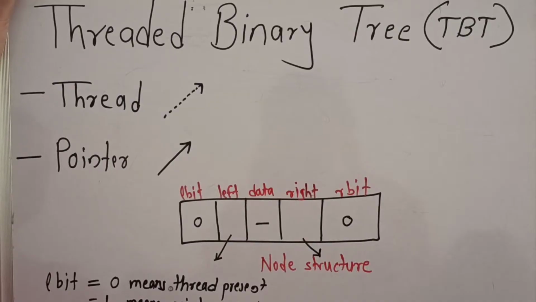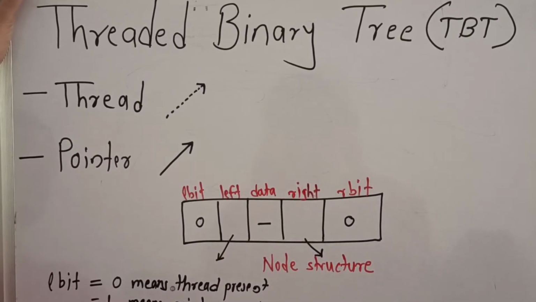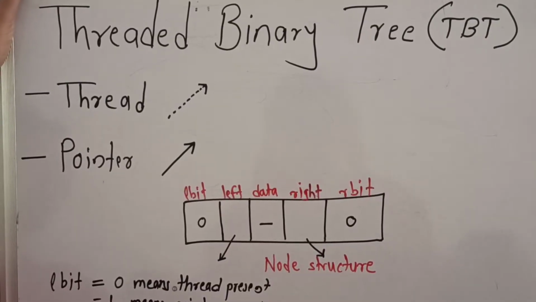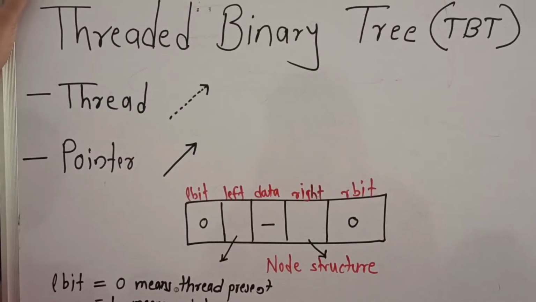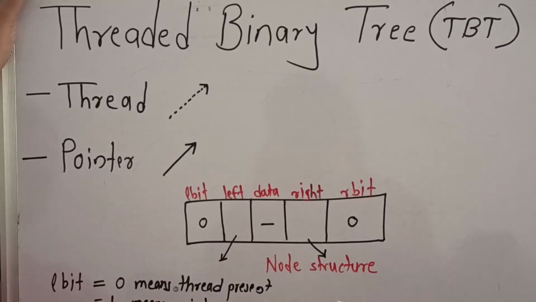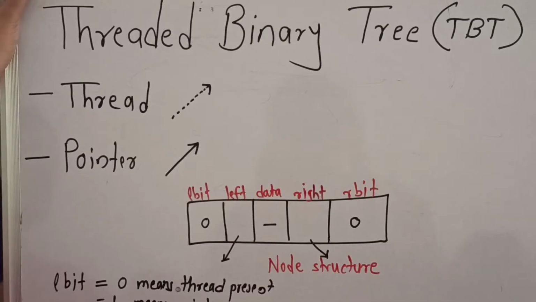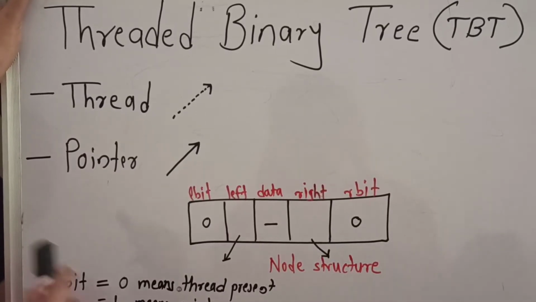If you remember the binary tree traversals, we are traversing the binary tree in three ways: in-order traversal, pre-order traversal and post-order traversal. If we want to implement these traversal techniques, we can do so using recursion or without using recursion. In case of non-recursive traversals, we use a manual stack for backtracking purposes.